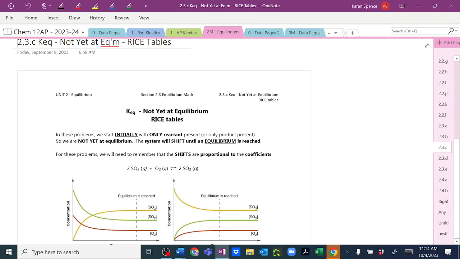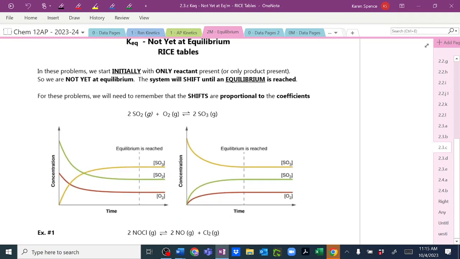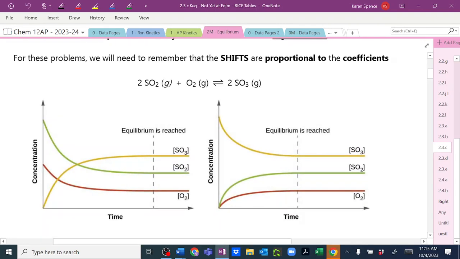And so we're going to take a look at some situations where, for example, I start by putting reactants. SO2 is a reactant, and O2 is a reactant. I start by putting some reactants into my flask.